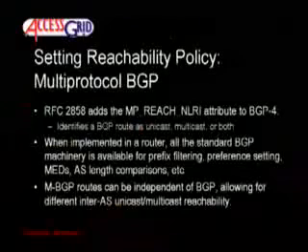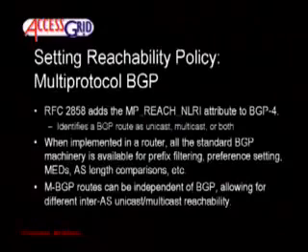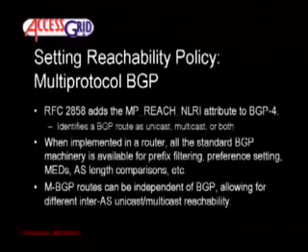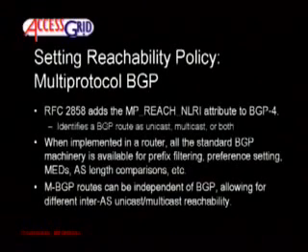So drilling down a little bit further into each of these protocols, multi-protocol BGP comes from RFC 2858, where it adds the MP reach NLRI attribute to BGP. What this does is it identifies a reachability advertisement as whether it's unicast, whether it's multicast, or for efficiency, whether it's both.